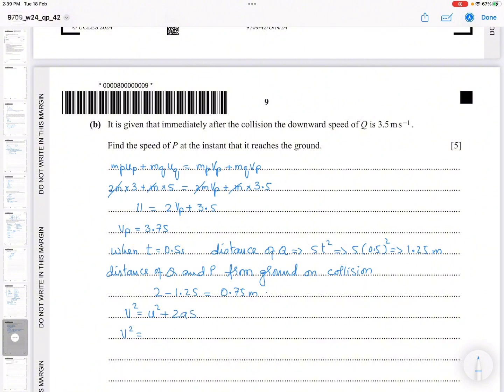So V square equals 3.75 square plus 2 into 10 into 0.75, and after simplification we get V equals 5.39 meter per second. This is the speed of P as it reaches the ground.